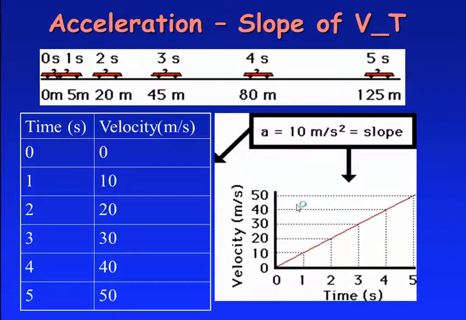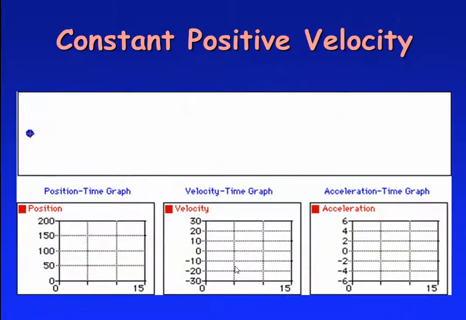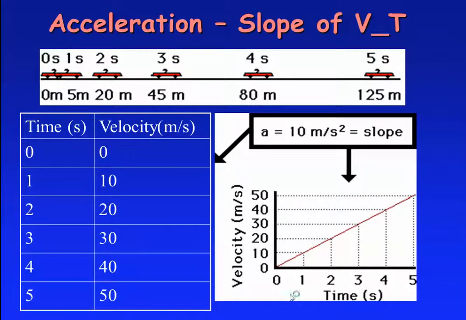And if you look at the rise over the run for the whole trip, it would be 50 meters per second minus 0, that's the rise, divided by 5 seconds minus 0 seconds, which would be 5 seconds, and 50 meters per second divided by 5 seconds is going to give you 10 meters per second, or a 10 meter per second squared slope.